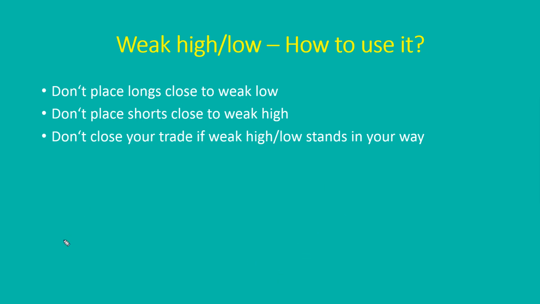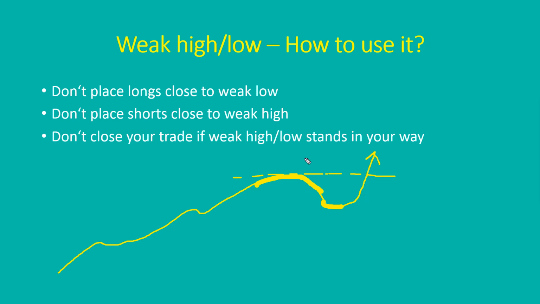And the same goes for the weak high. So let's say that there is an uptrend followed by a weak high. All right, this is the weak high. And when the price makes it close to the weak high again, it tends to test it, to go above the weak high, because there isn't a sign of strong sellers.